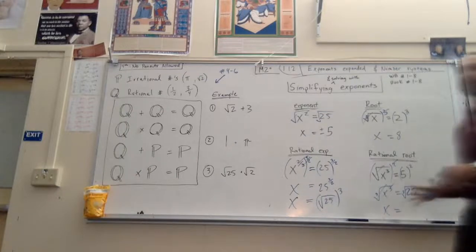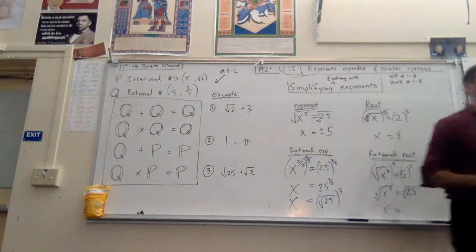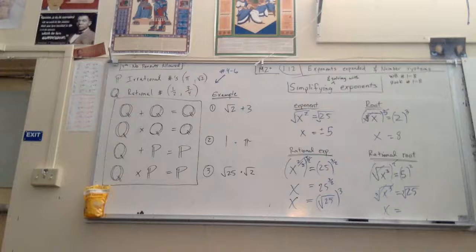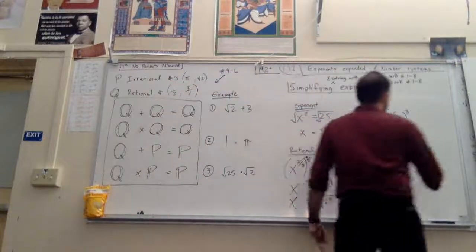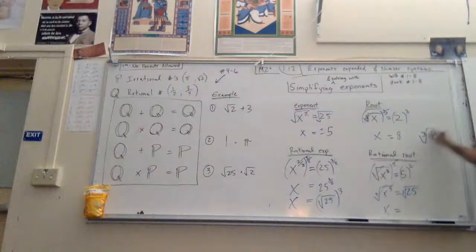When we take this, are we going to have to do plus or minus? What do you think? Let's say that we had the cube root of 8. What is the cube root of 8? What times what times what gives you 8? 2. All right, so this equals 2.